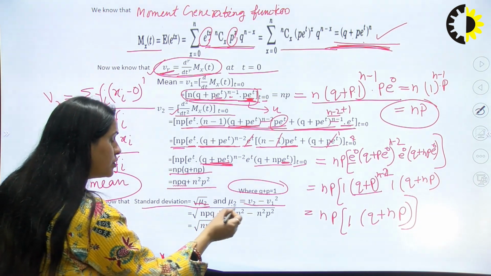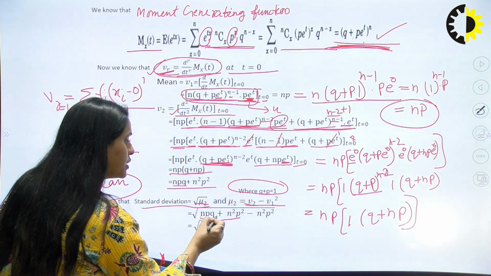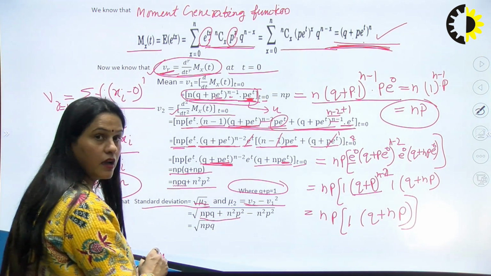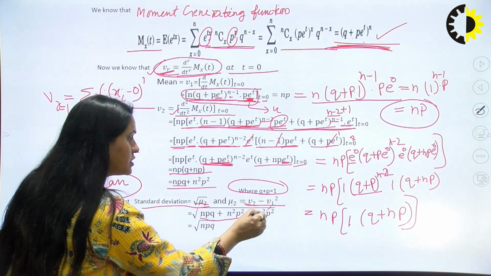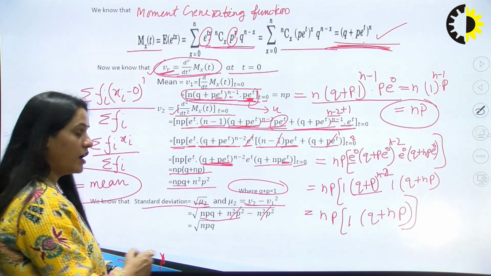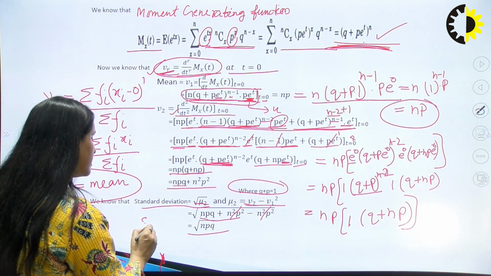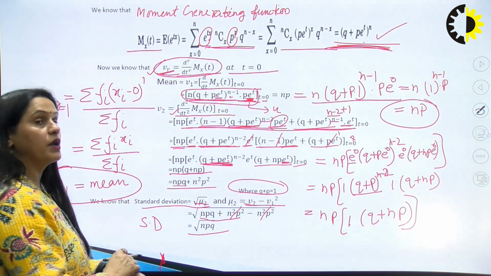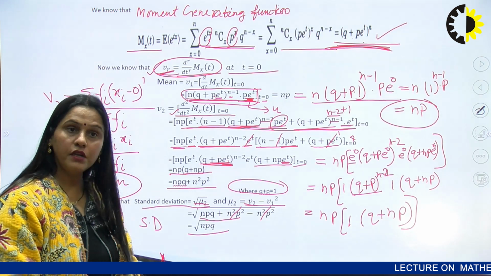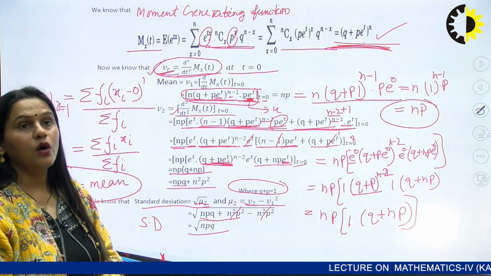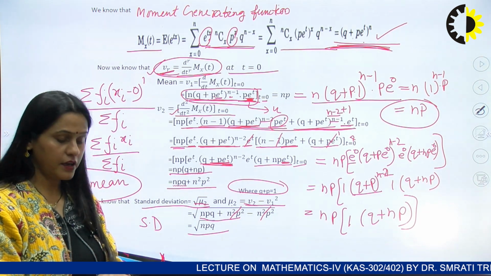In place of nu2 I have put npq plus n square p square, and nu1 square is n square p square. These two terms will get cancelled out, and we will get under root npq, which is the standard deviation for the binomial distribution. So we can say that the mean and standard deviation of the binomial distribution are np and under root npq.